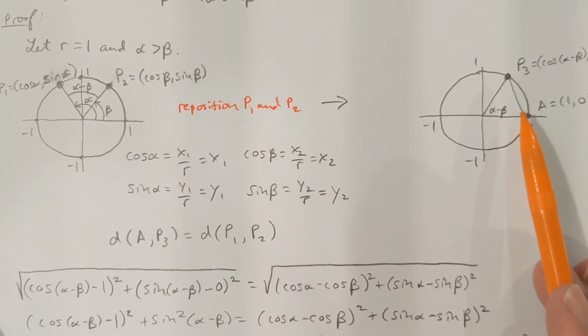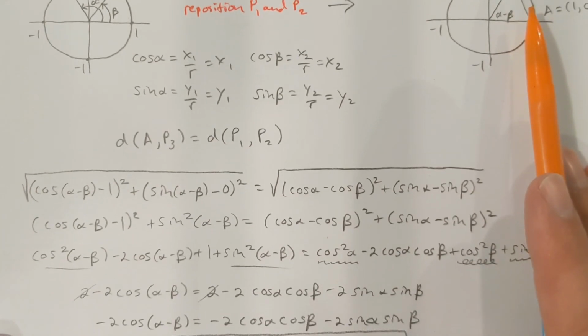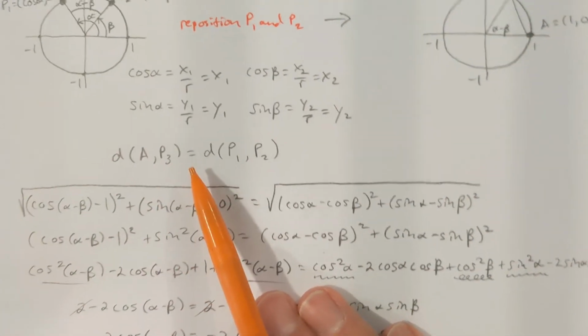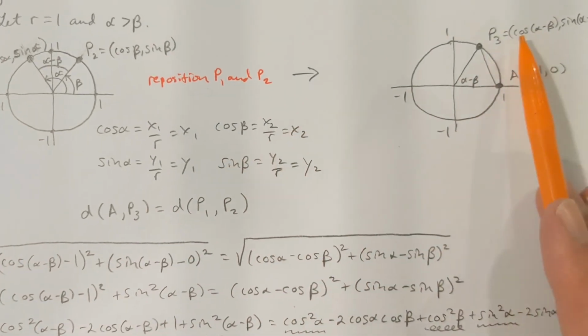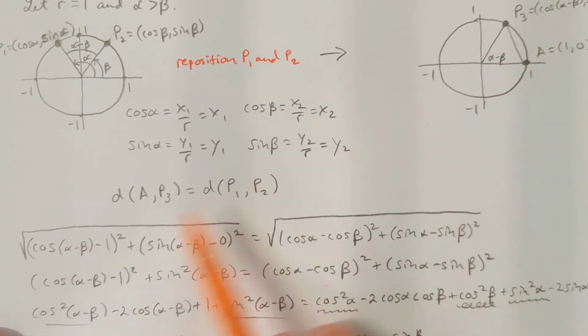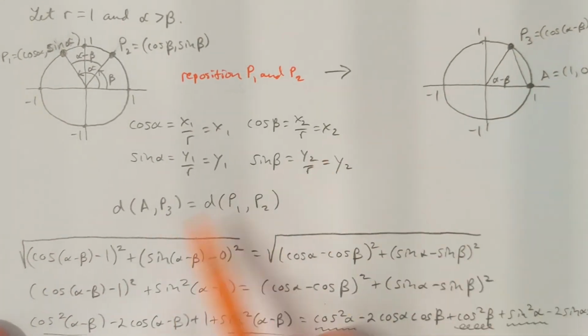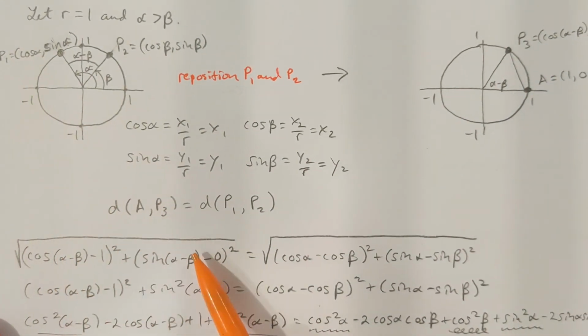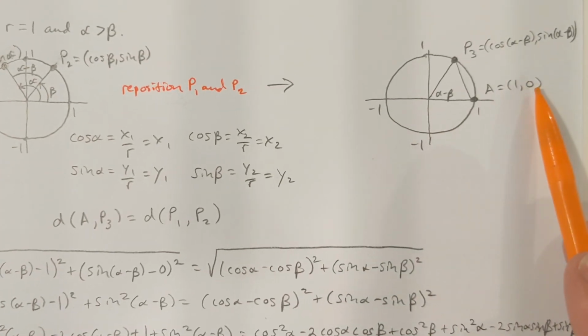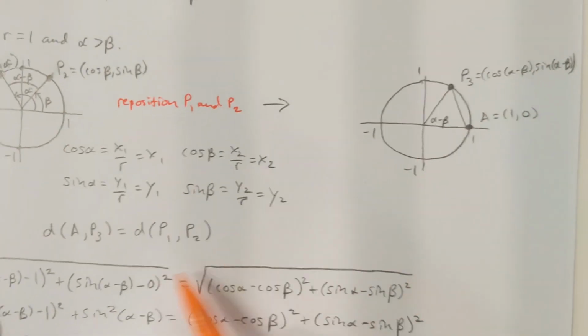That distance is going to remain the same. So if I calculate the distance between A and P3 using the distance formula, I want the square root of the difference in the x's squared, which is what I've got there, plus the difference in the y's squared, which is what I've got here.